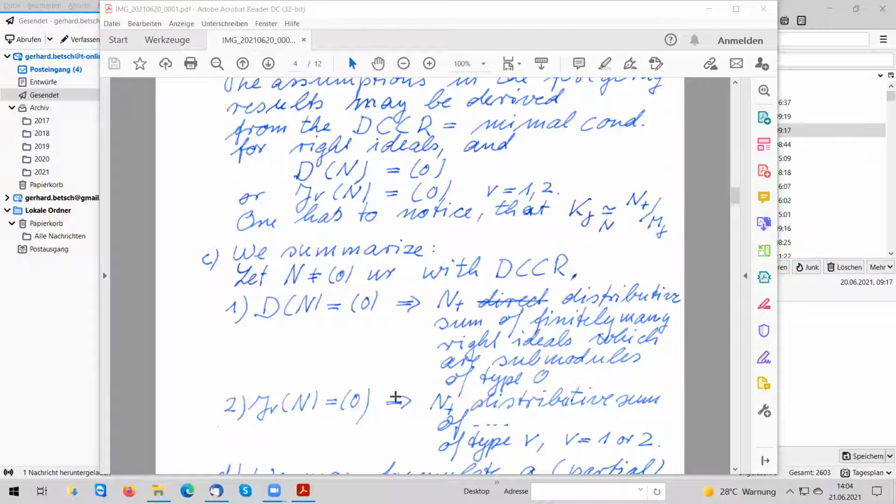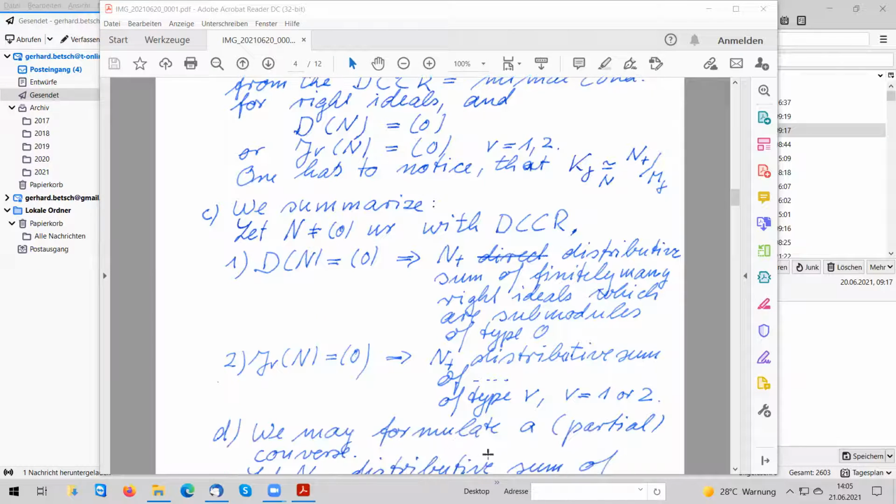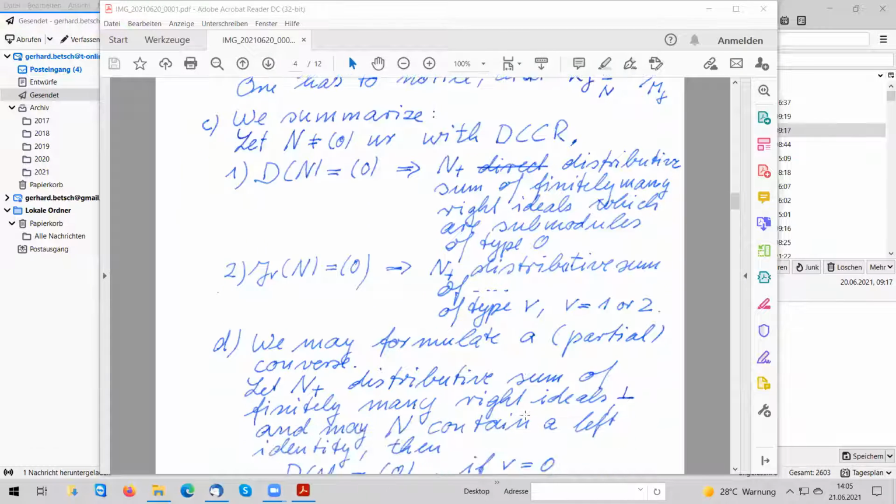And we obtain N plus is a distributive sum of finitely many right ideals, which are submodules of type 0. And if we have got J nu N is equal to 0, then N plus is the distributive sum of finitely many right ideals, which are submodules of type nu 1 or 2.